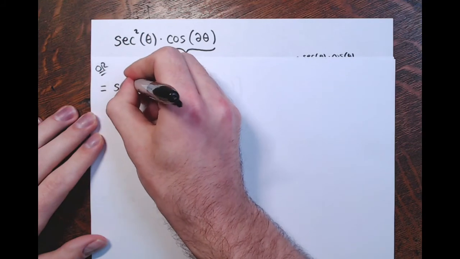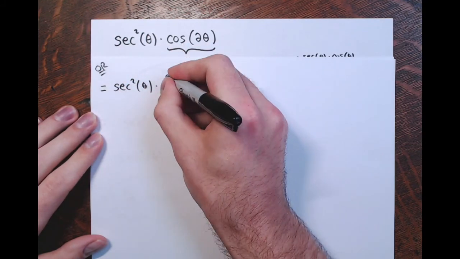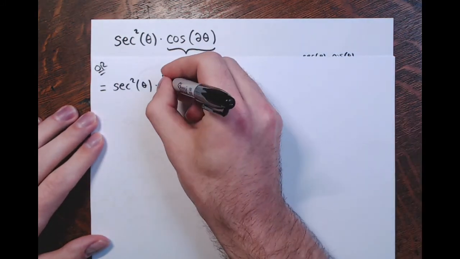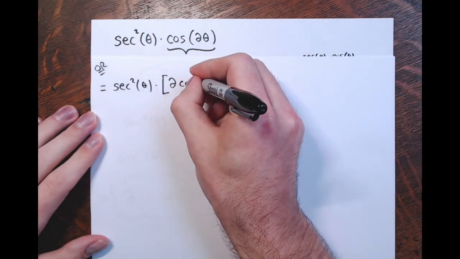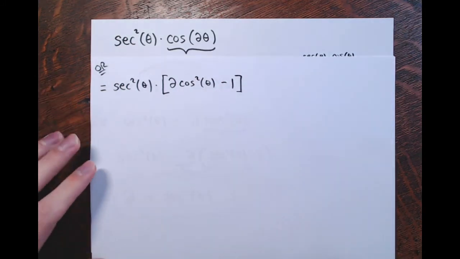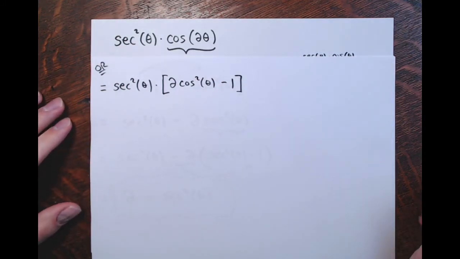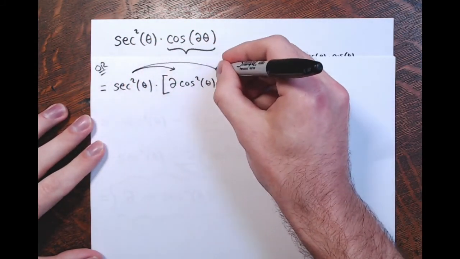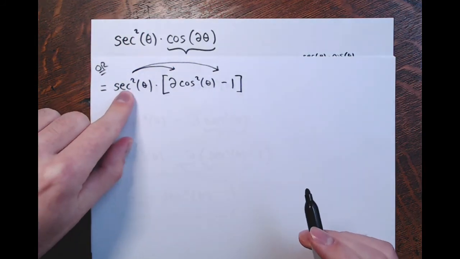We have secant squared theta times, and then I'm going to replace cosine of 2 theta with that third version, which was 2 cosine squared theta minus 1. That was the third version of cosine of 2 theta. Alright, and then distribute the secant squared again. And look, remember I did this earlier.